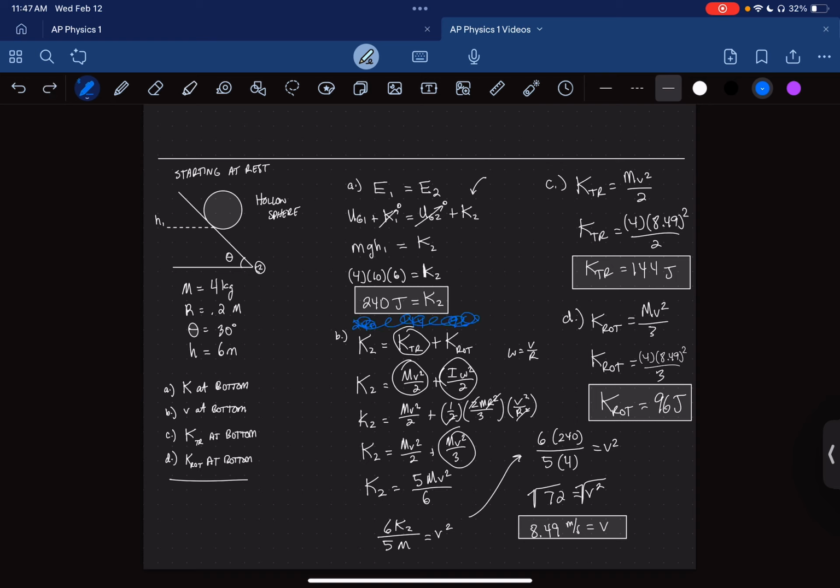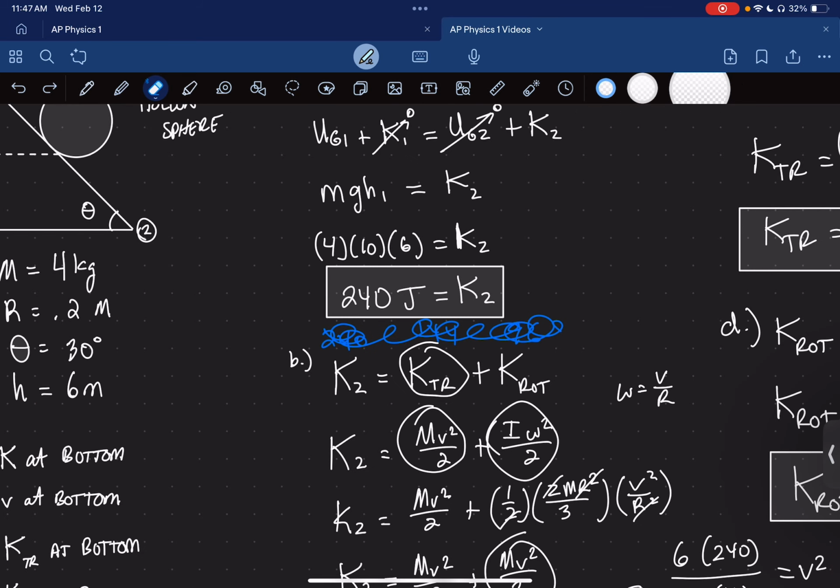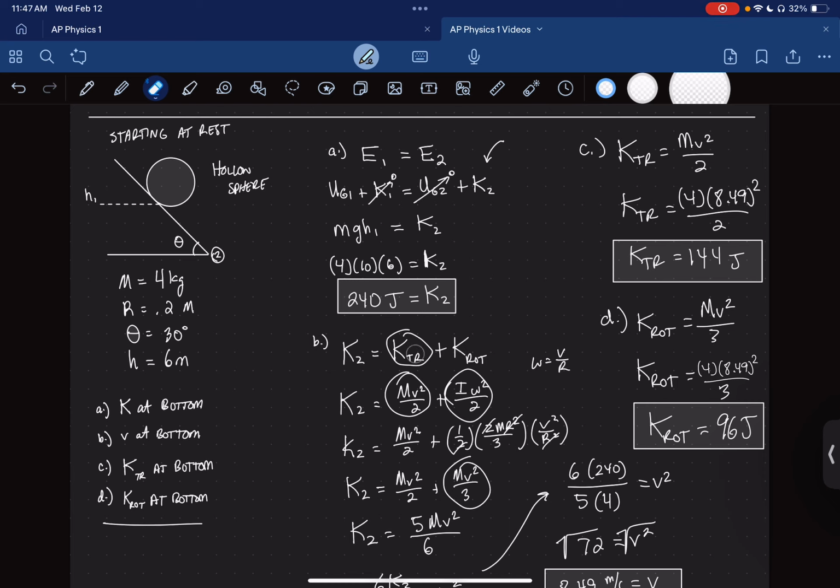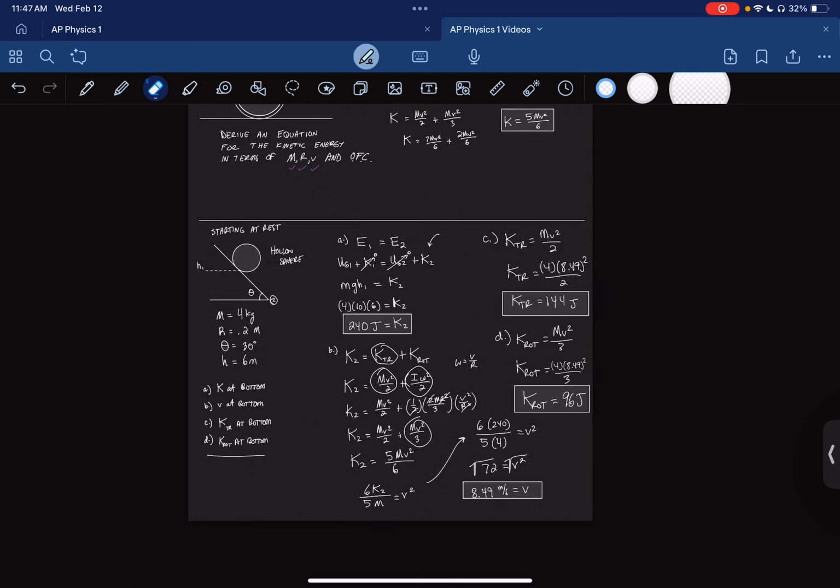Of course, you would want to show proper work. I was just trying to make the video short. You could show this equation here, and you can plug in 240 for that. You can plug in 144 for that. Take your steps, take your time.